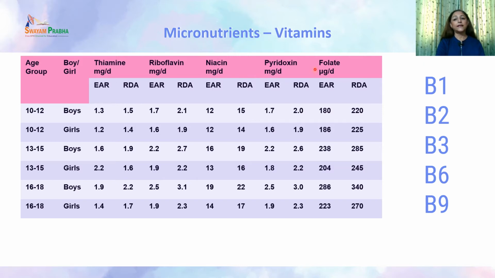And regarding folic acid, folate, the requirements are in micrograms, where the EAR for 10 to 18 years is between 180 to 223 micrograms, and RDA, if we add safety margin, it is 220 to 270 micrograms daily.